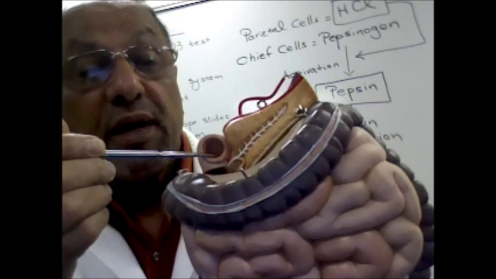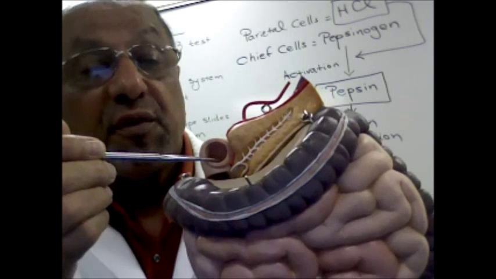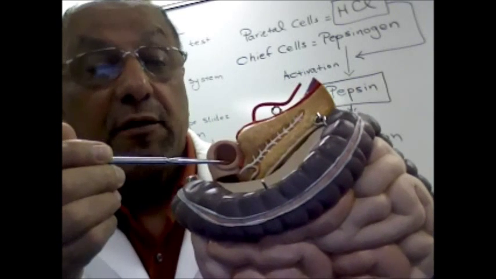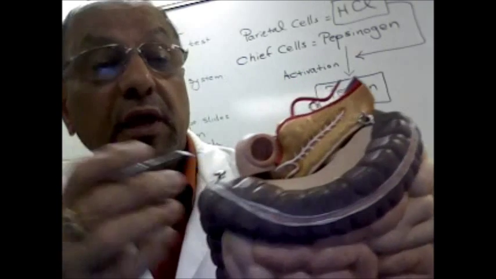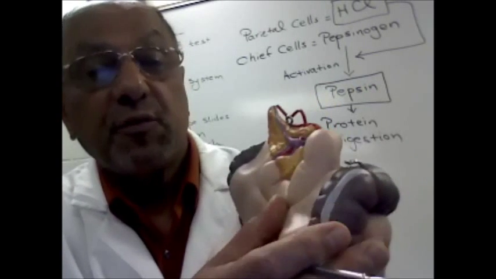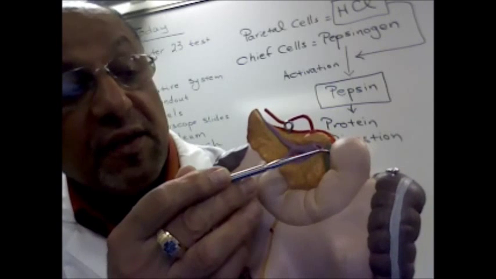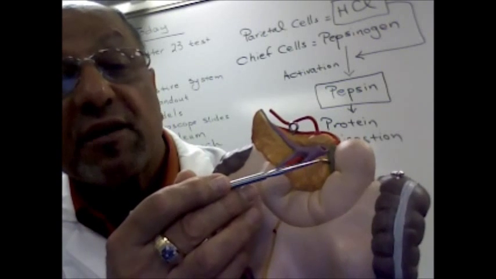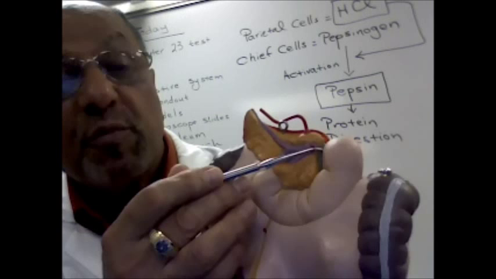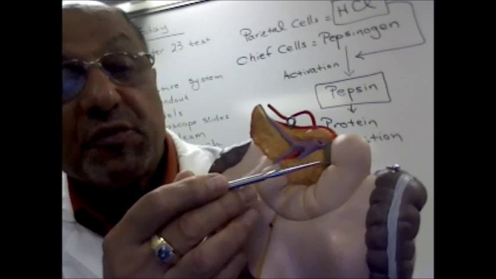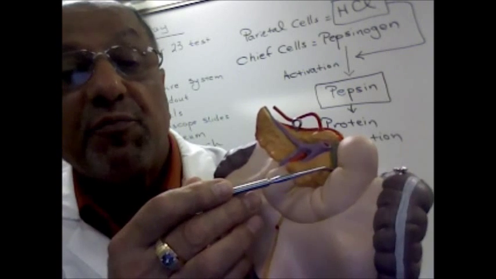Also, a product that comes from the liver, which is the bile, is connected, and we can see this on the other side of the model in here. The green line in here is basically the bile duct, and the bile duct brings the bile from the liver to the duodenum.